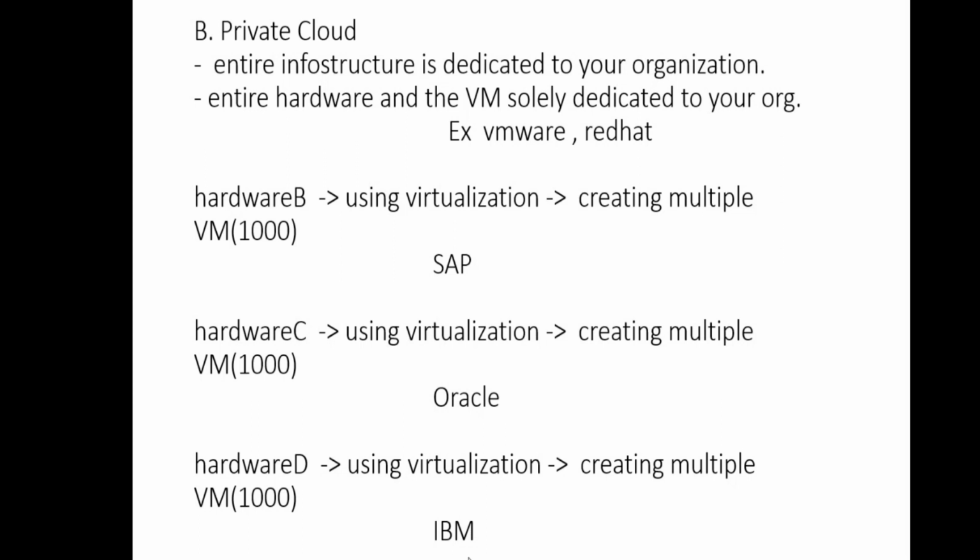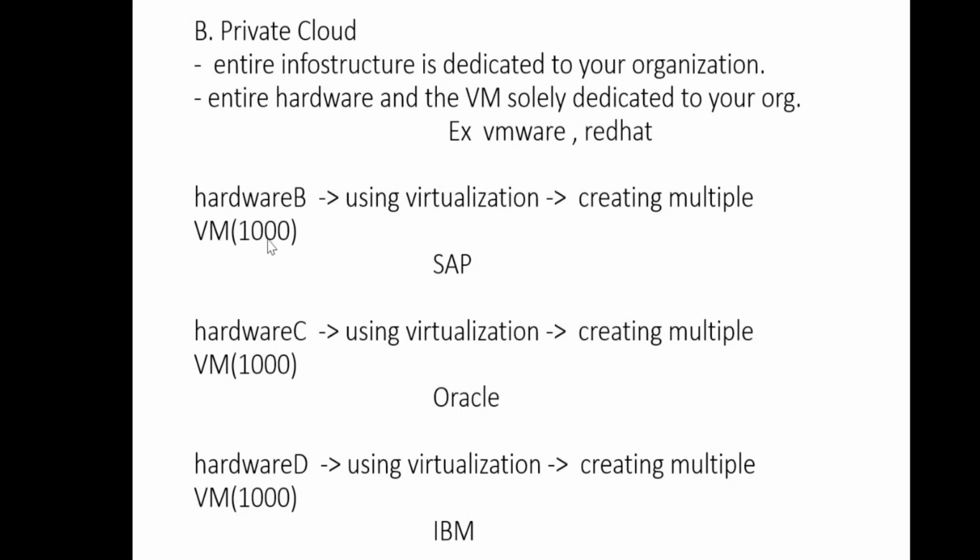And assume GCP or VMware is providing private cloud to these three organizations. How they will do it: assume from hardware B, using virtualization, 1000 VMs are created. From hardware C, using virtualization, 1000 VMs are created. From hardware D, using virtualization, 1000 VMs are created.